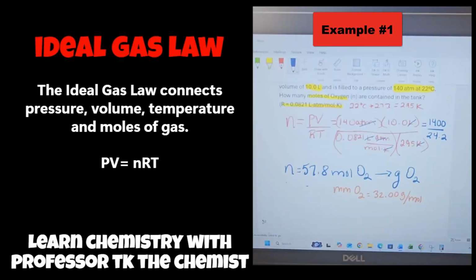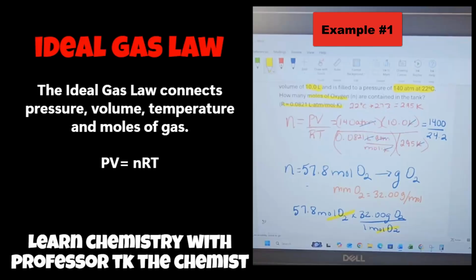Now, here is the other thing. If I told you all to give me my answer in grams, then you would say 57.8 moles of oxygen times 32.00 grams of oxygen, because remember, that's the molar mass, and we talked about that a few weeks ago.